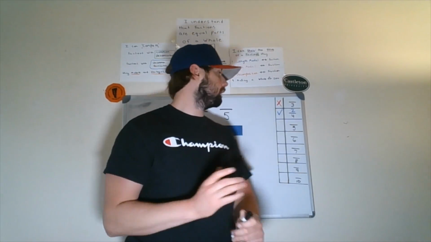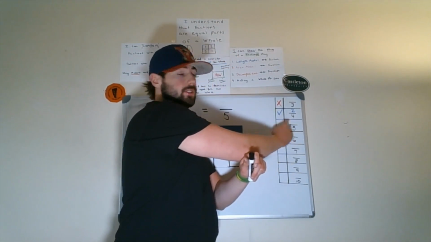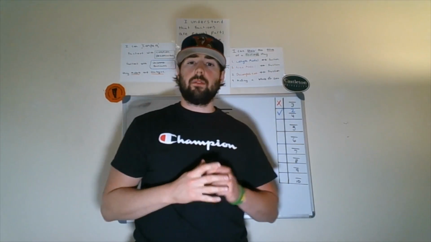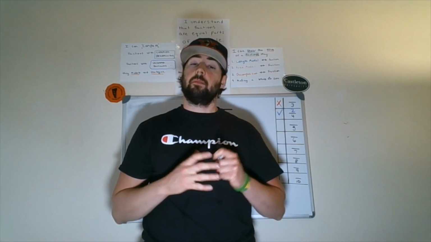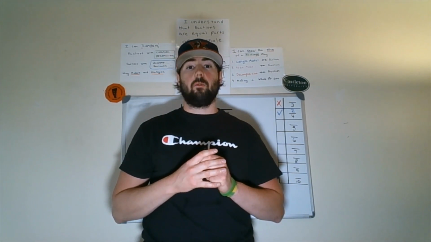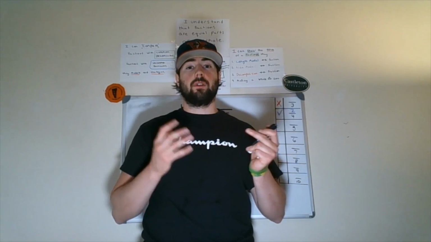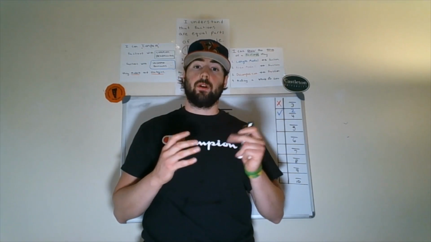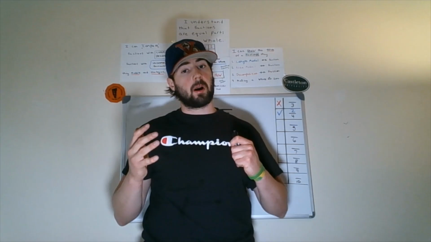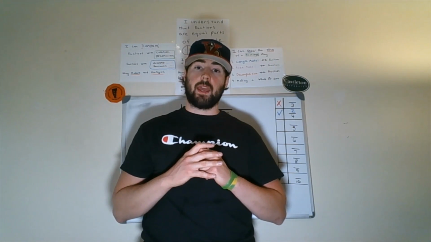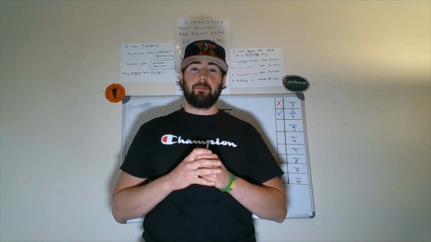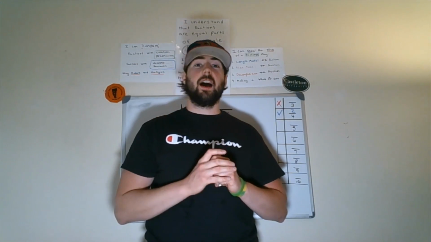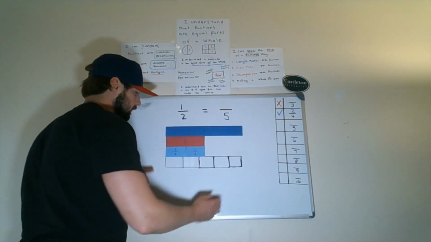Let's take a look at now fifths. Let's see if any parts of fifths can be equivalent to that 1/2. Again, finding equivalent fractions. What is equivalent when we're looking at different parts that make that whole? Unfortunately, didn't have the magnet strip to help me out with this one, but I did use my knowledge of fractions.